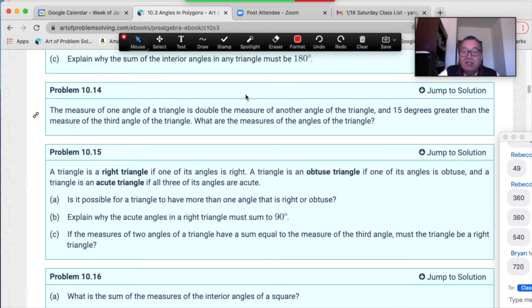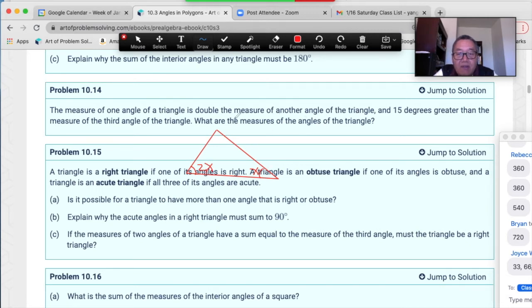So, as I told you, first you need to try to draw a triangle. Always try to draw a diagram. Say the measure of one angle of the triangle is double the measure of another angle. Now let's suppose this angle is x degrees. And this one is 2x. That's double this one. Okay?